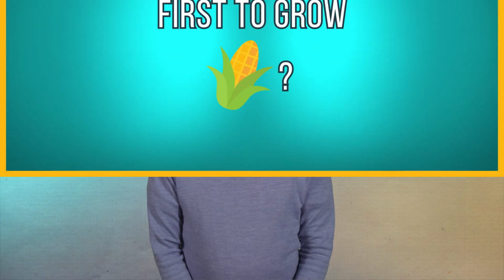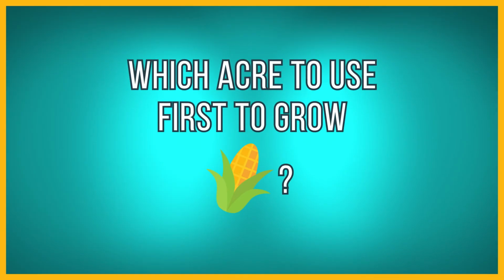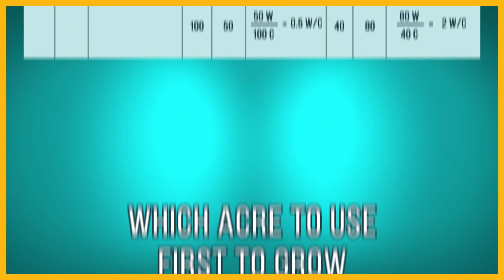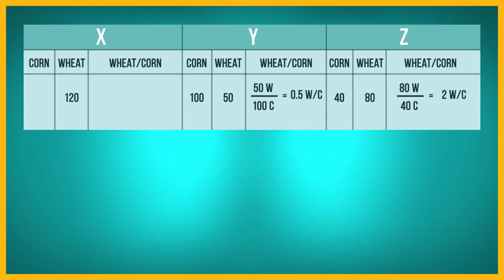By computing the opportunity cost of growing 1 bushel of corn on each acre, we can determine which acre to use first to grow corn, which acre to use second, and which acre to use only after we have used the first 2. The opportunity cost of growing 1 bushel of corn on X is 1 bushel of wheat. X can grow either 120 bushels of wheat or 120 bushels of corn.